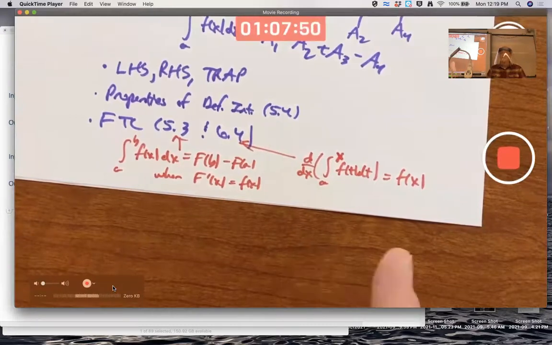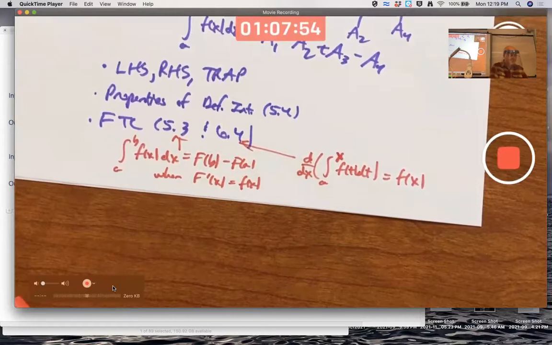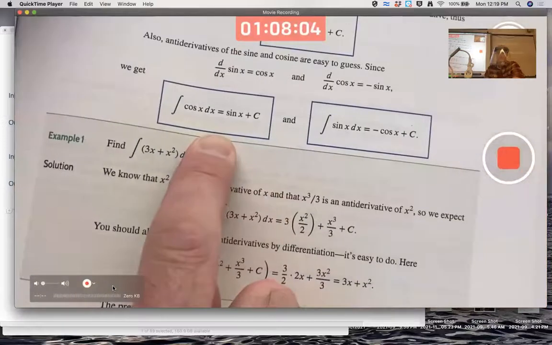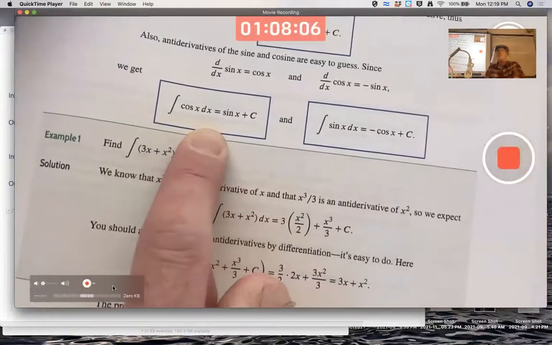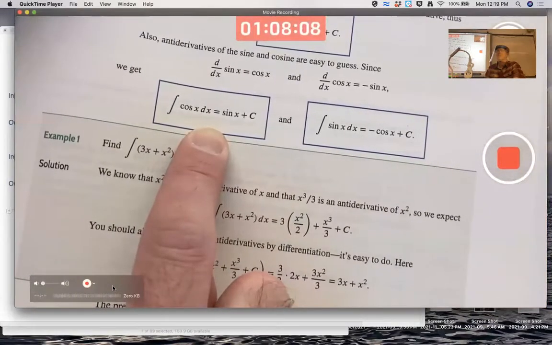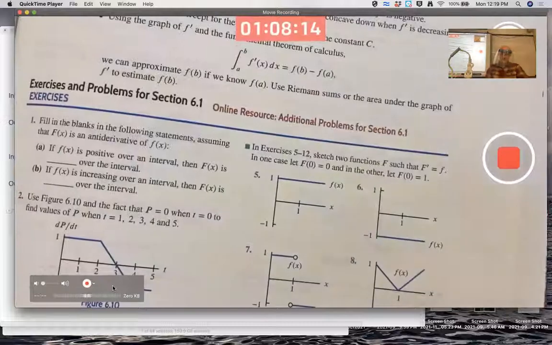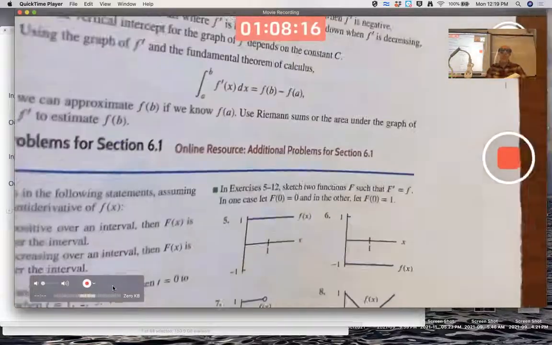Section 6.1 and 6.2 are technically in here as well. 6.2 is just some formulas that you've already memorized even before exam 2, like this one, for example, with indefinite integrals. In 6.1, we've done some problems like you found in there.